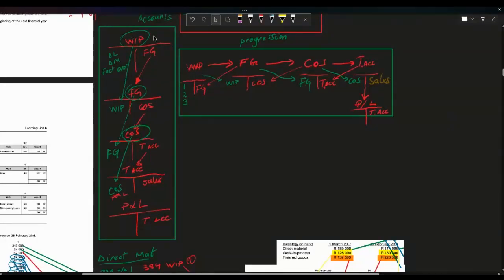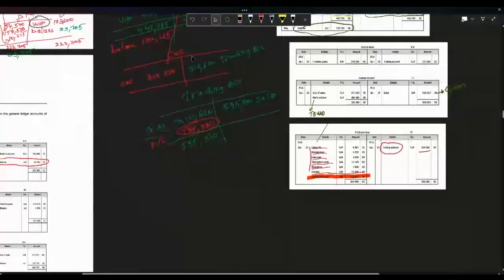But with the exception of the profit and loss, the trading account will be on your right hand side. Just wanted to point that out to you.